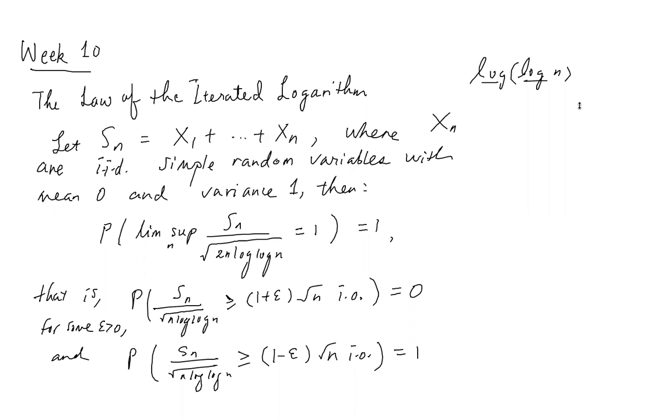It basically says that if you have a sum that's made up of IID simple random variables. Here, simple random variables means that your random variables take only two values, like a Bernoulli random variable. For example, in a random walk every step is a simple random variable.